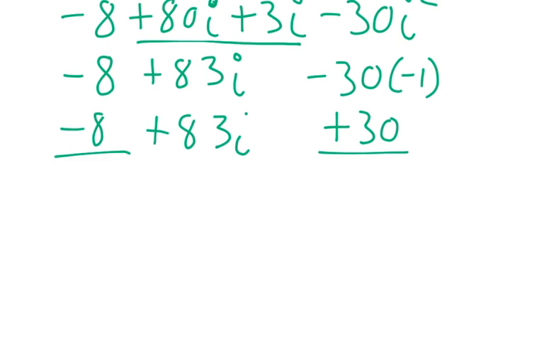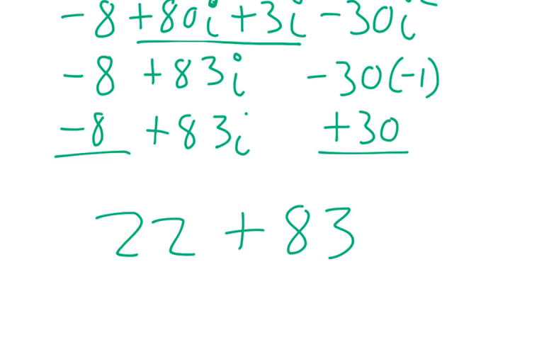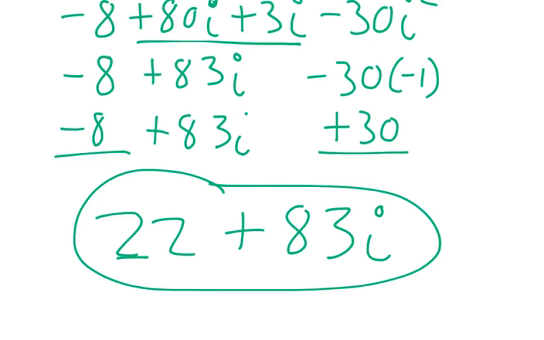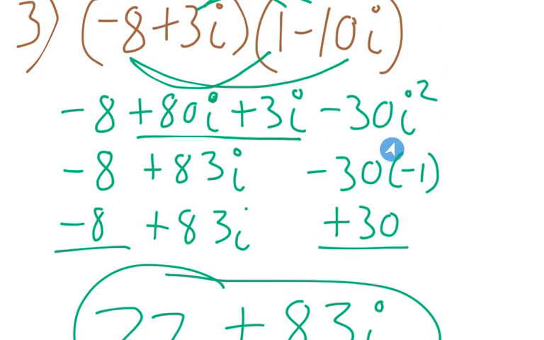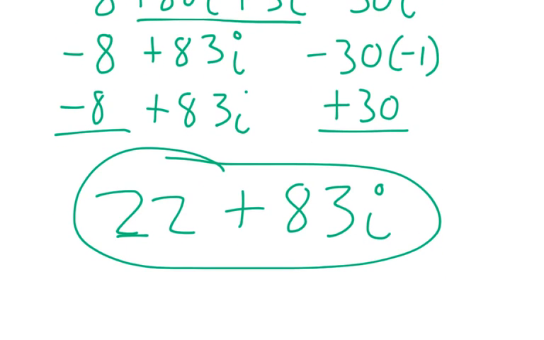So my best answer to give is actually 22 plus 83i. That's the best FOILed, simplified, reduced, perfect points version to give, right? If you see i squareds, make that sucker a negative 1 and keep going.